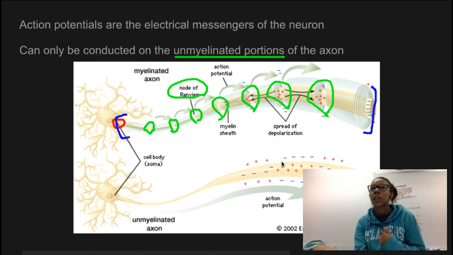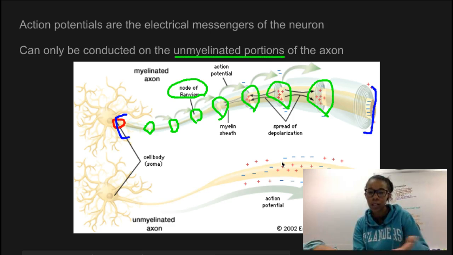This is kind of a weird analogy, but for some reason it works. Think of when you need to go to the bathroom, you have to take off your clothes so you can go to the bathroom. Think of the myelin as clothes preventing you from going to the bathroom. You need to remove the myelin in order to have the movement of ions.